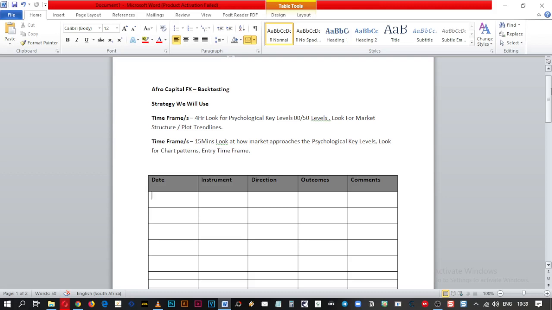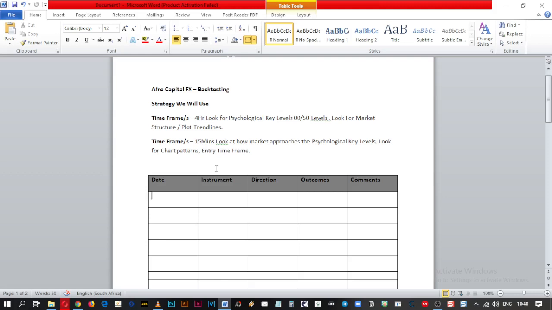Within the 15 minutes, we're looking at how the market approaches the psychological key levels we have plotted on the 4-hour time frame. Is it approaching with high volume, or in a corrective manner? We're also looking for chart patterns, meaning continuation patterns as well as reversal patterns.